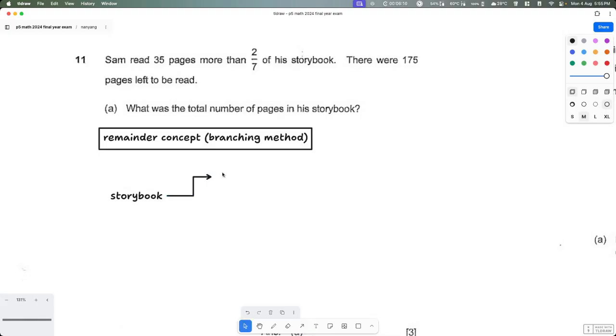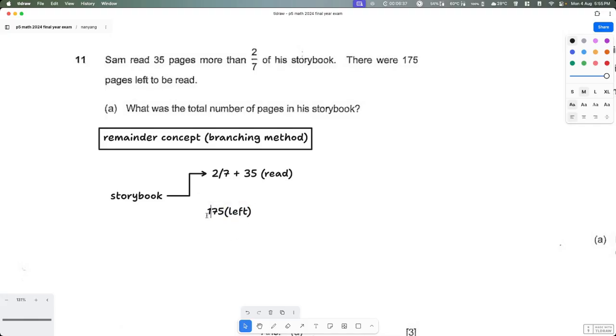The storybook over here will be basically he read 2 out of 7 plus 35 pages, which is he read 2 out of 7 plus not read. So this is what it looks like. And then what's left is, in this case, 175.